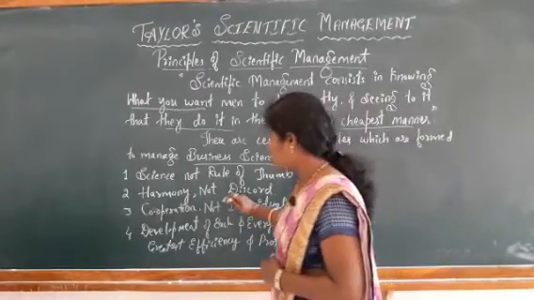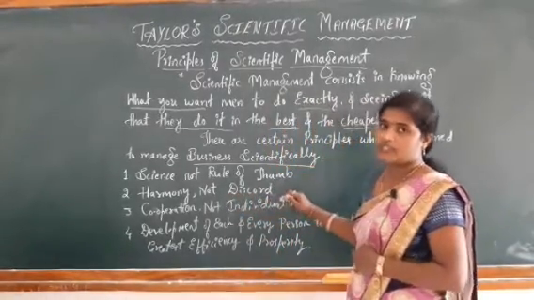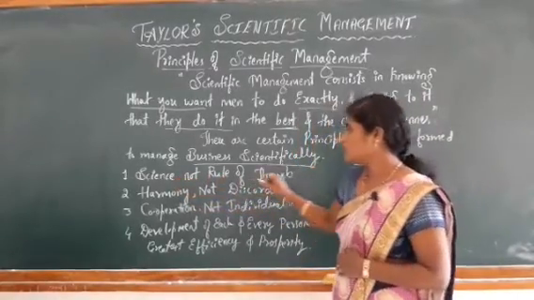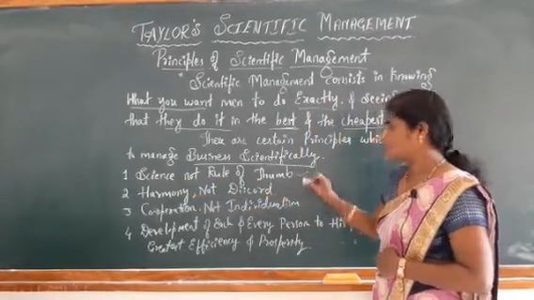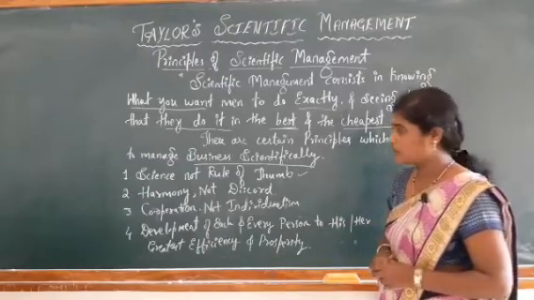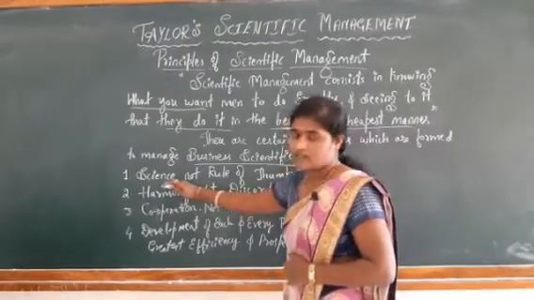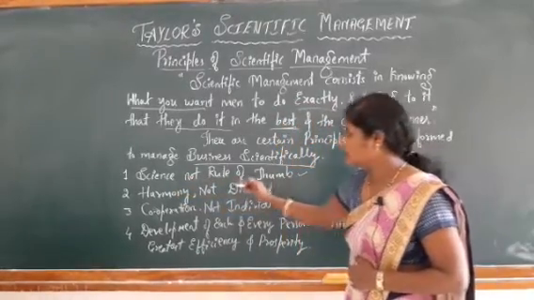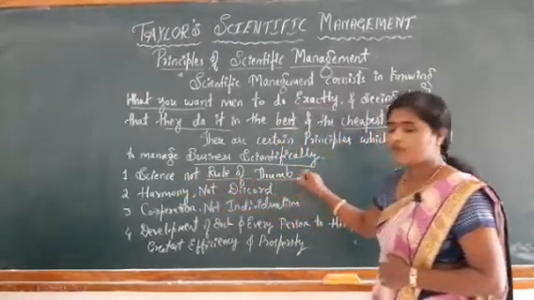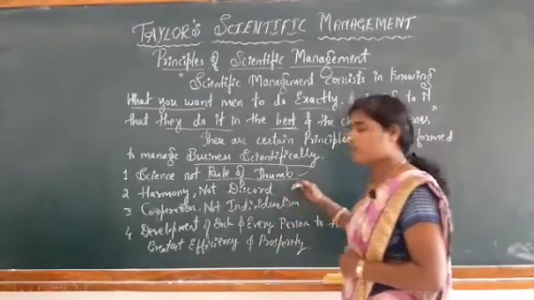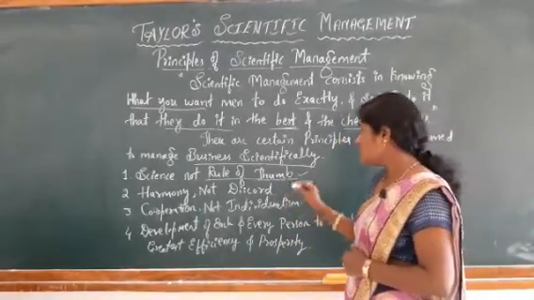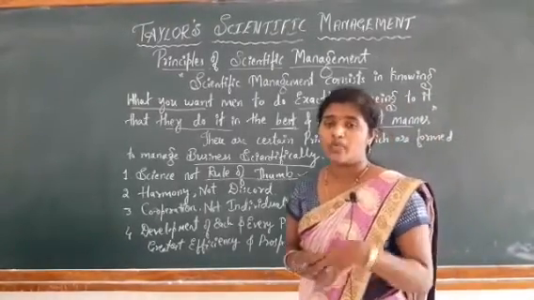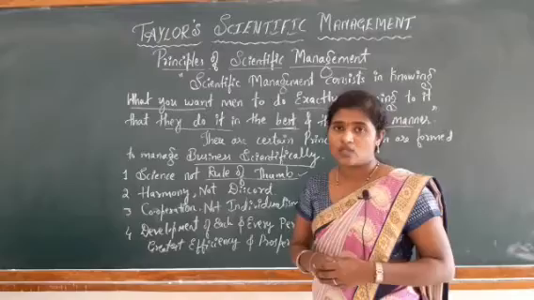The first principle of scientific management is science, not rule of thumb. Rule of thumb is, for example, if a business needs an advertisement to publicize the business organization.